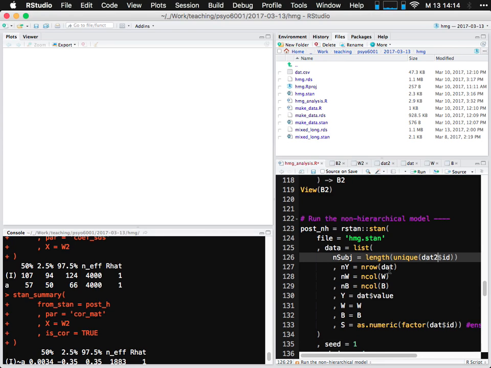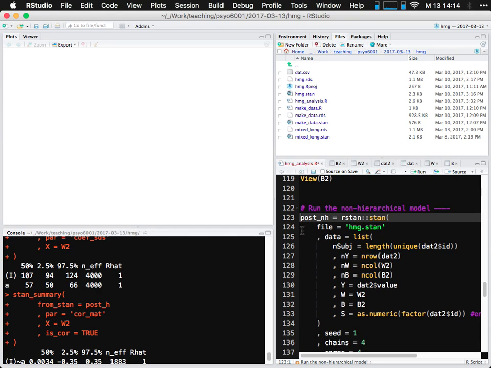So we're going to deal with DAT2, W2, and B2. So it's going to be modeling the data as having random error associated with each observation, but it doesn't see multiple observations to actually estimate that error from.